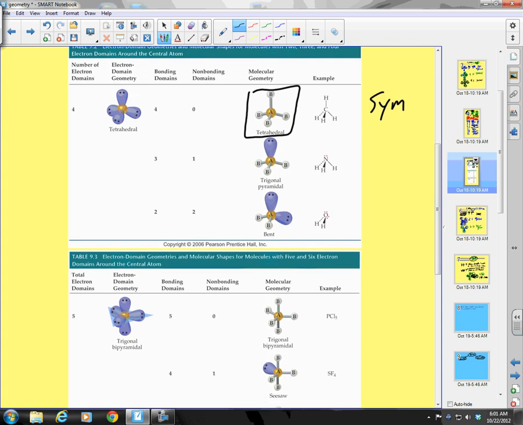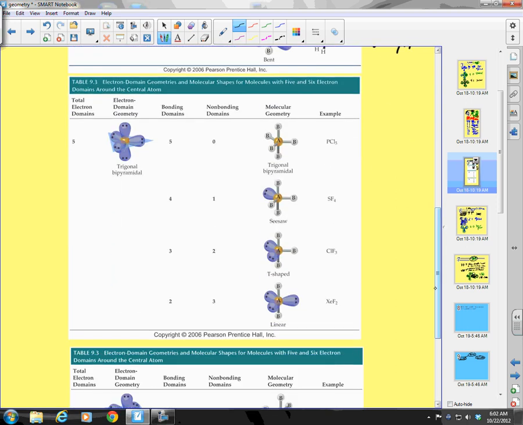Trigonal pyramidal. Notice that in one direction here I have this unshared pair, then I have 3 atoms all kind of below the main atom A. This would be asymmetric. Bent again, asymmetric. My trigonal bipyramidal. Hey, this is a beautifully symmetric shape. Seesaw, asymmetric.